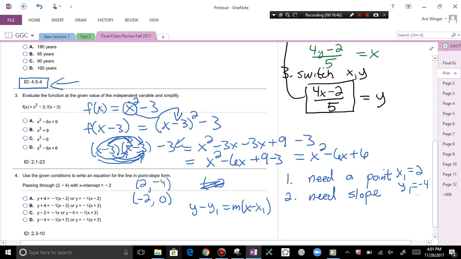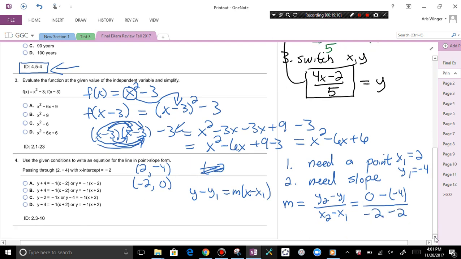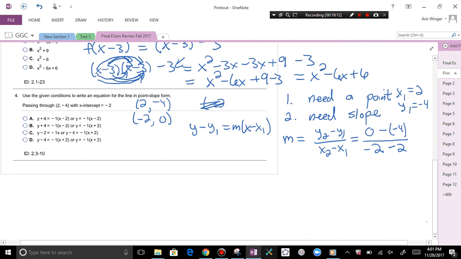And so we have the point. We need the slope. Well, we know that the slope is the difference in the y coordinates divided by the difference in the x coordinates. And so for us, that is 0 minus negative 4 divided by negative 2 minus 2. That's going to give us a slope of negative 1.